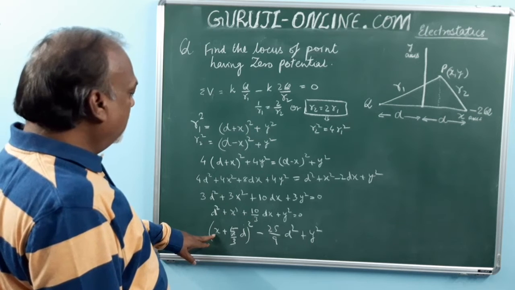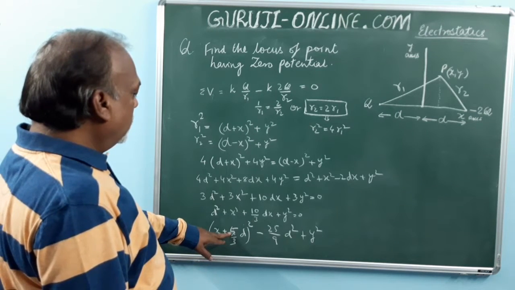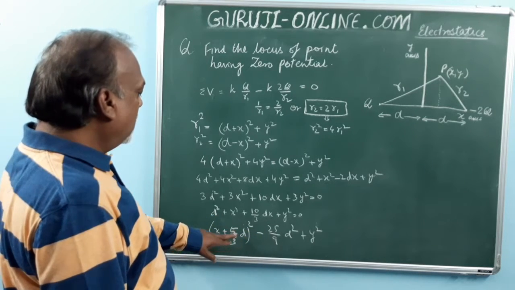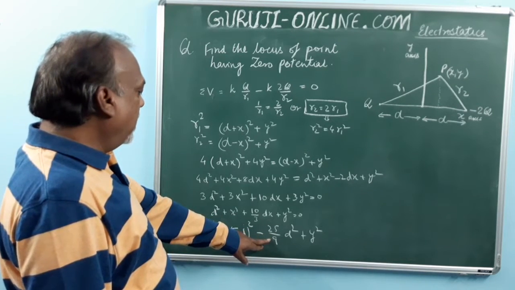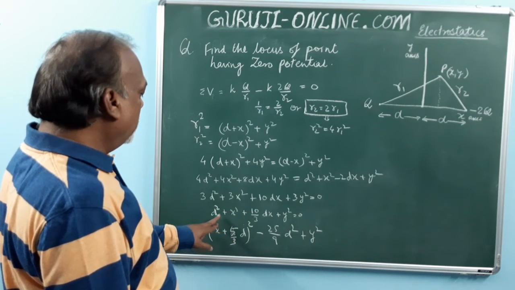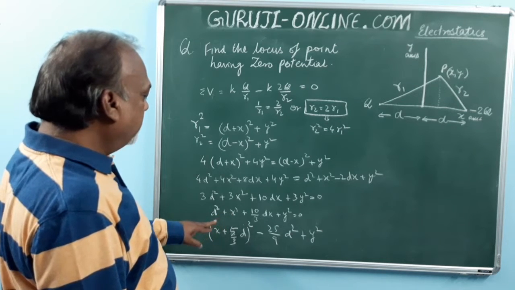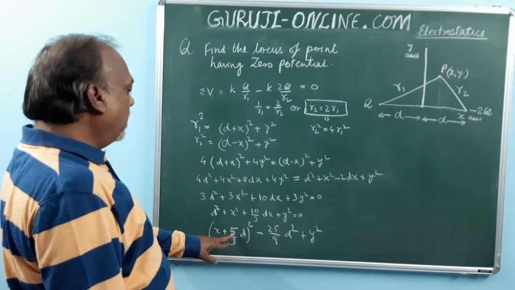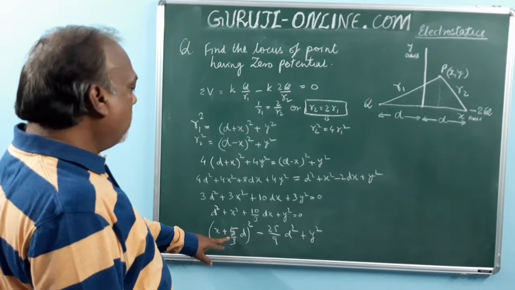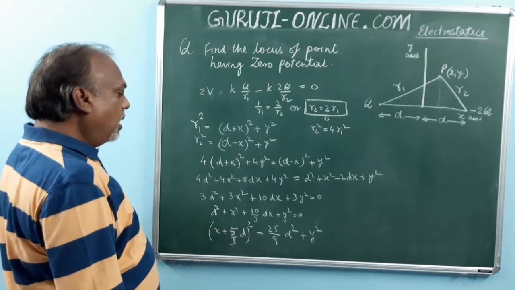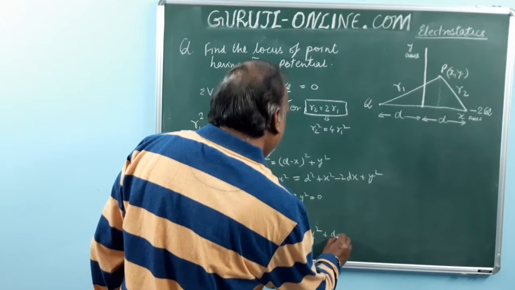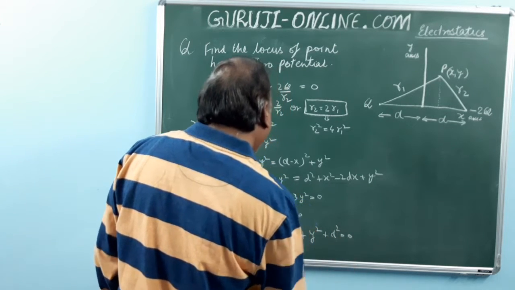This is x square plus this 25 by 3, this factor we are taking here, and into 2 it will give you this. So this and this we have taken care of. D square, and of course here this d square will be there, will be 0.